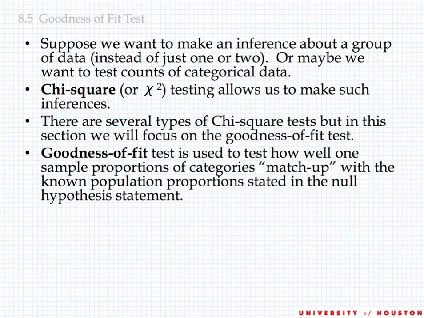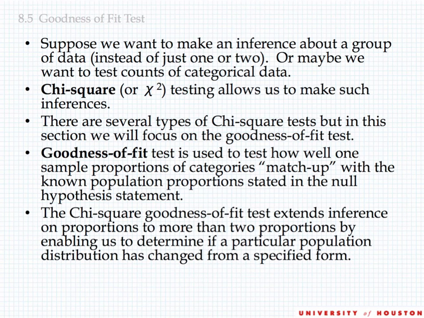Goodness of fit test is used to test how well one sample proportions of categories match up with the known population proportions stated in the null hypothesis. The chi-square goodness of fit test extends inference on proportions to more than two proportions by enabling us to determine if a particular population distribution has changed from a specified form.